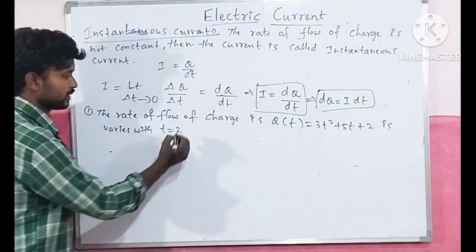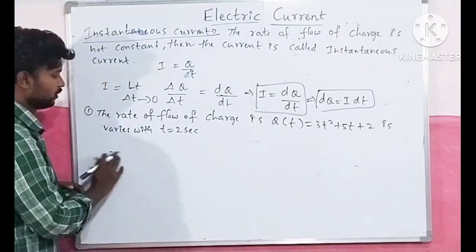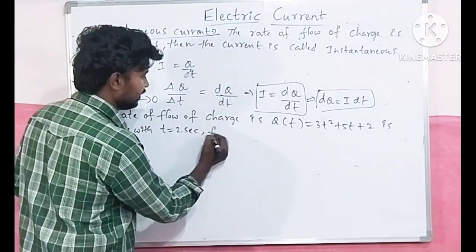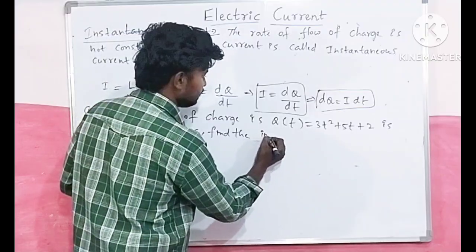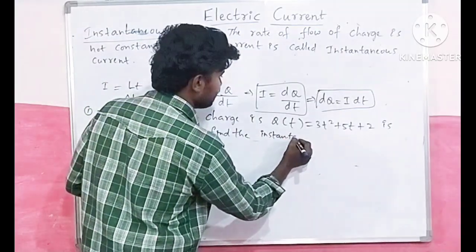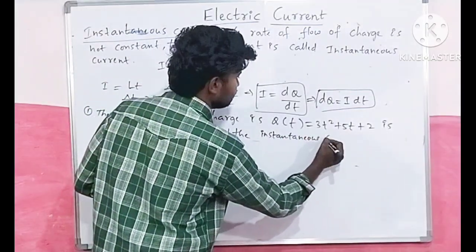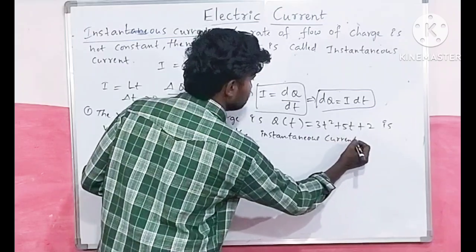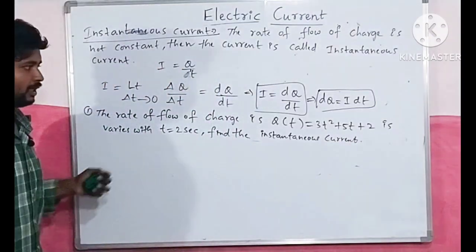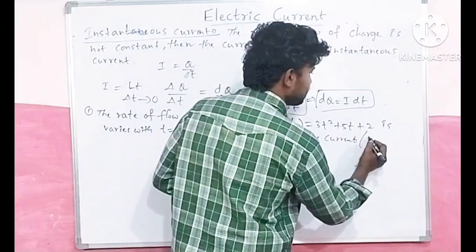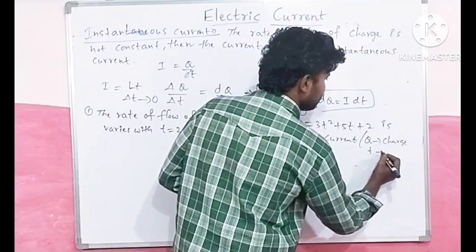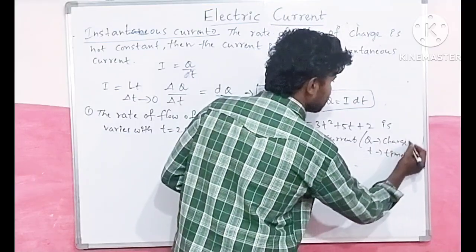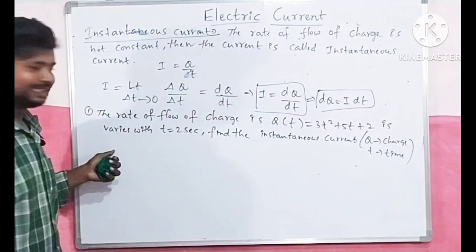At t equal to 2 seconds, find the instantaneous current. Here Q represents charge, t represents time. So this is the question.